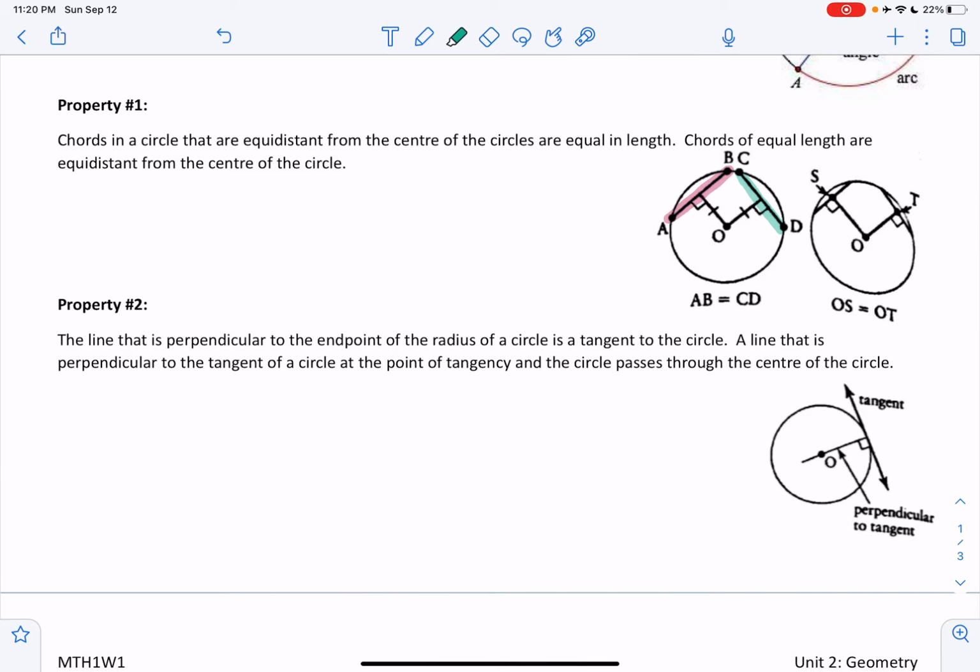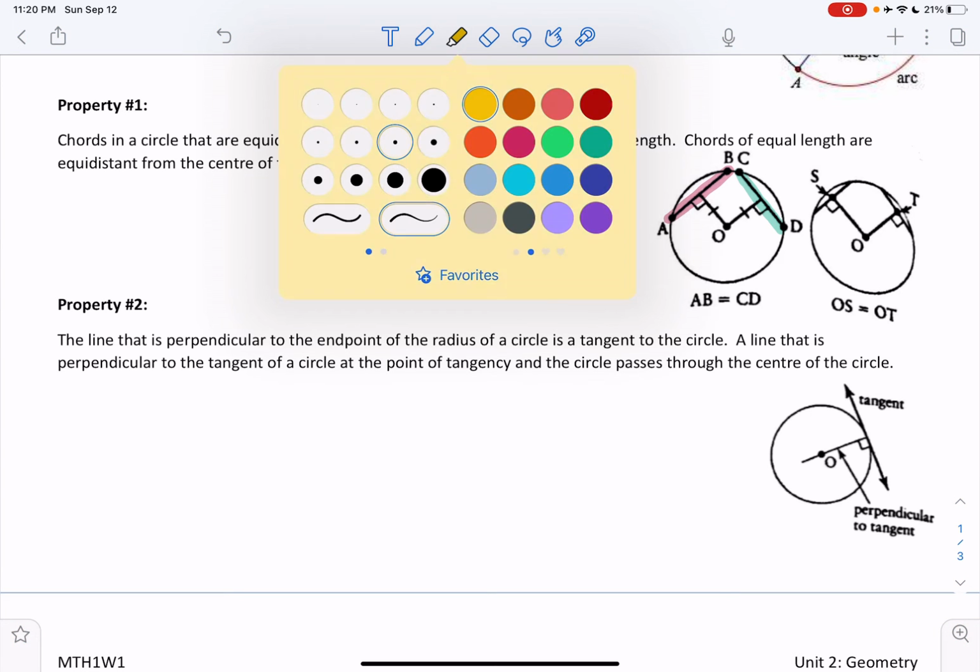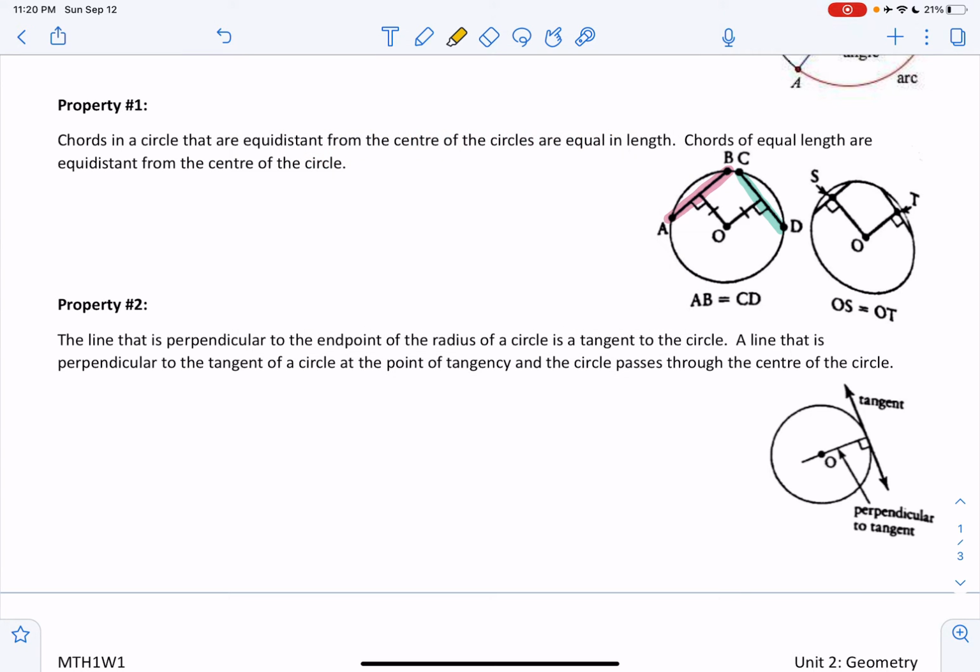So if the pink chord and the green chord are equidistant from the center, in other words, if the pink chord is the same distance away from the middle as the green chord, then the chords must be the same length.